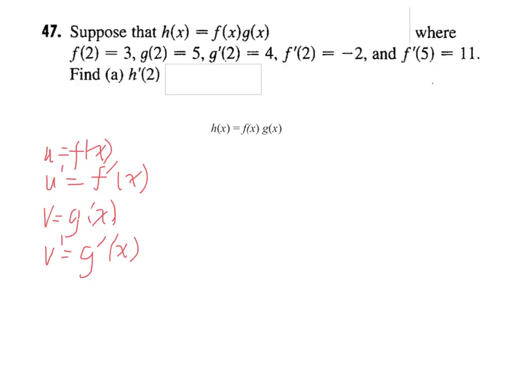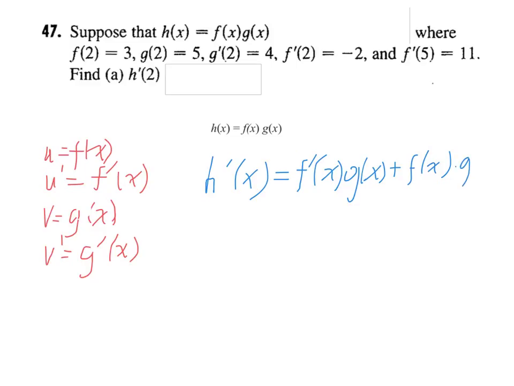Now for the product rule. h prime of x equals u prime v plus u v prime.